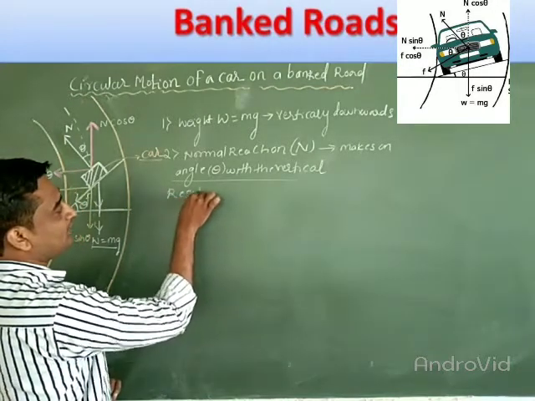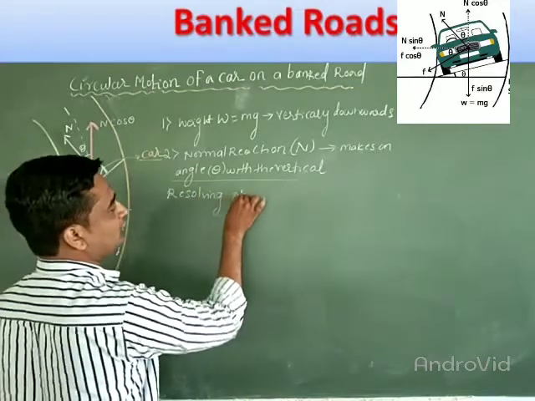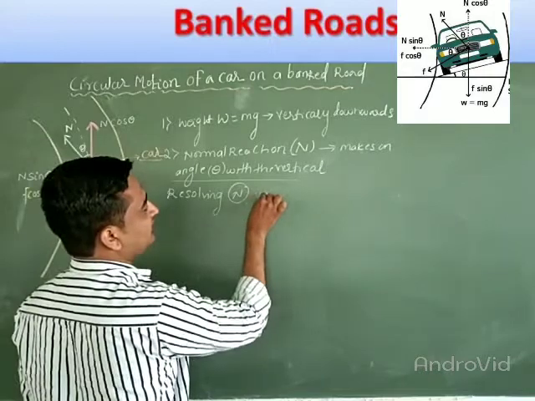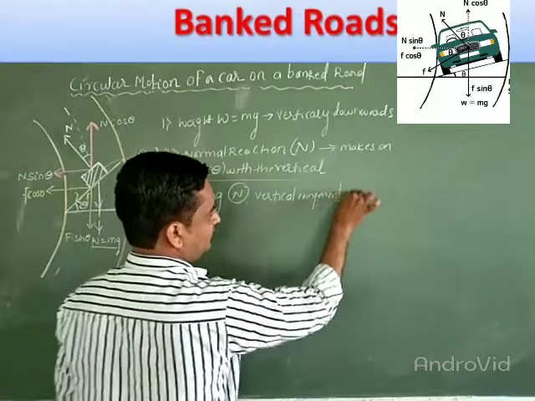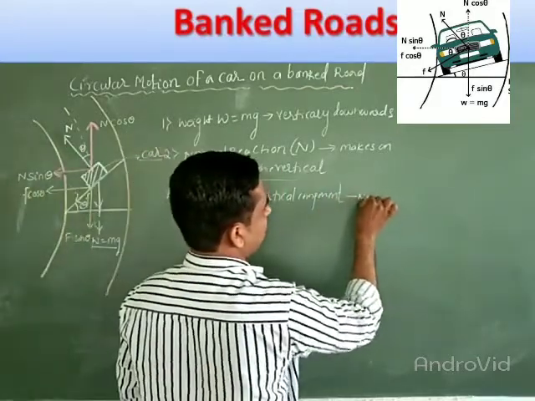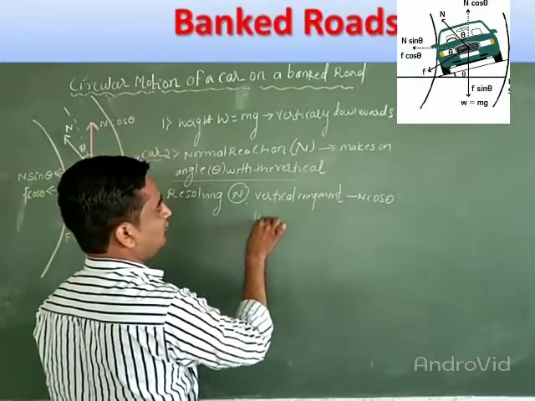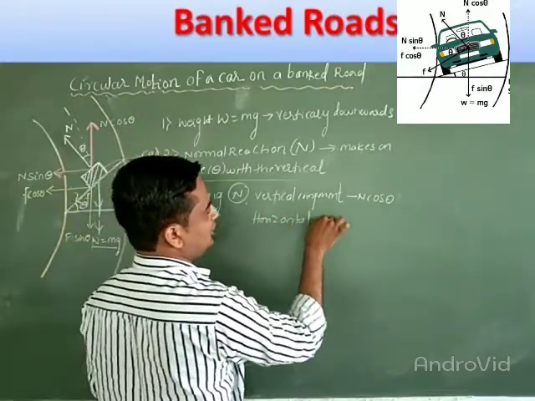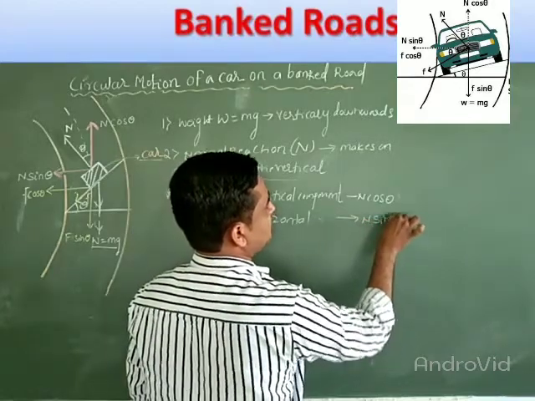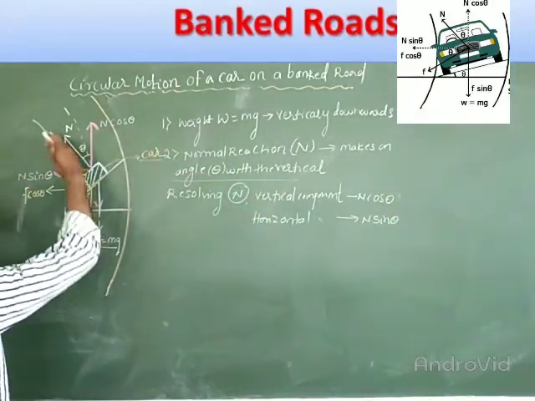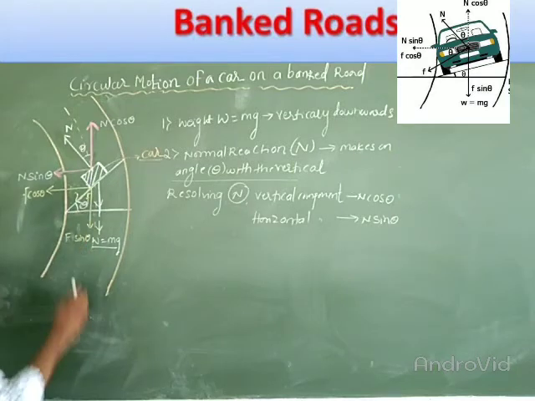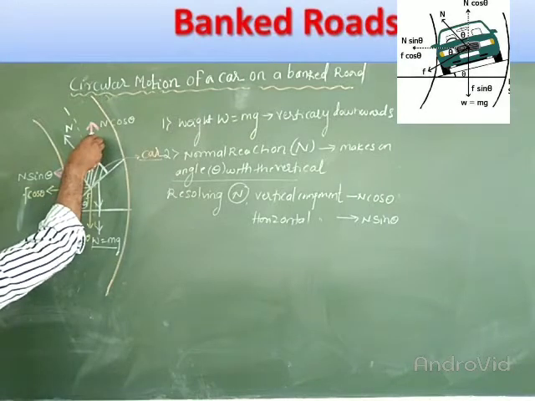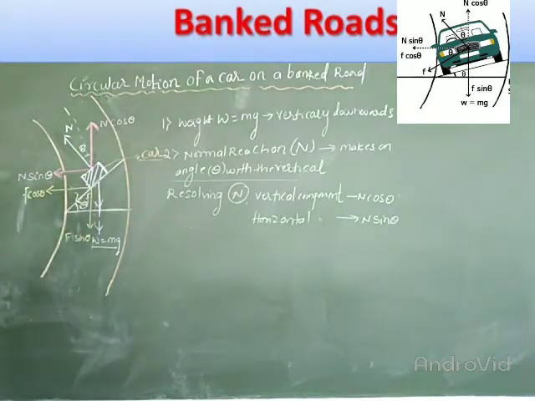Resolving the normal reaction N, the vertical component is N cos theta and the horizontal component is N sin theta.